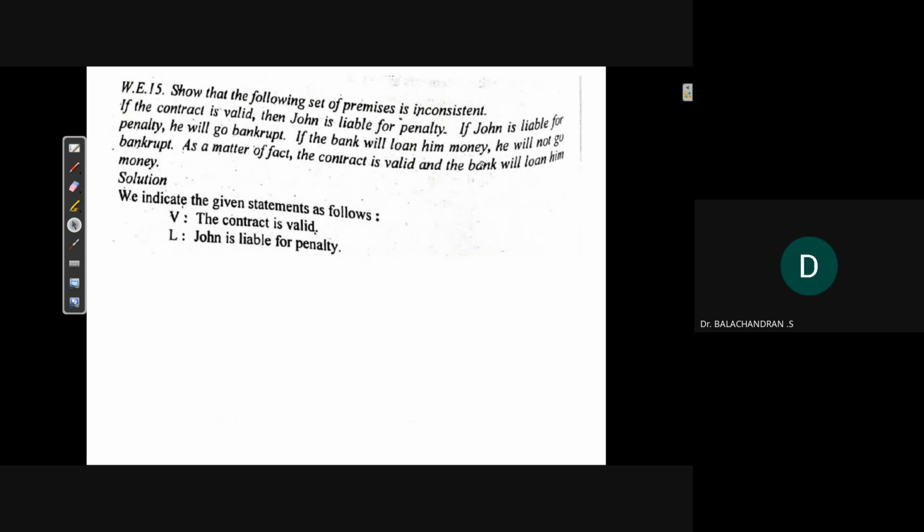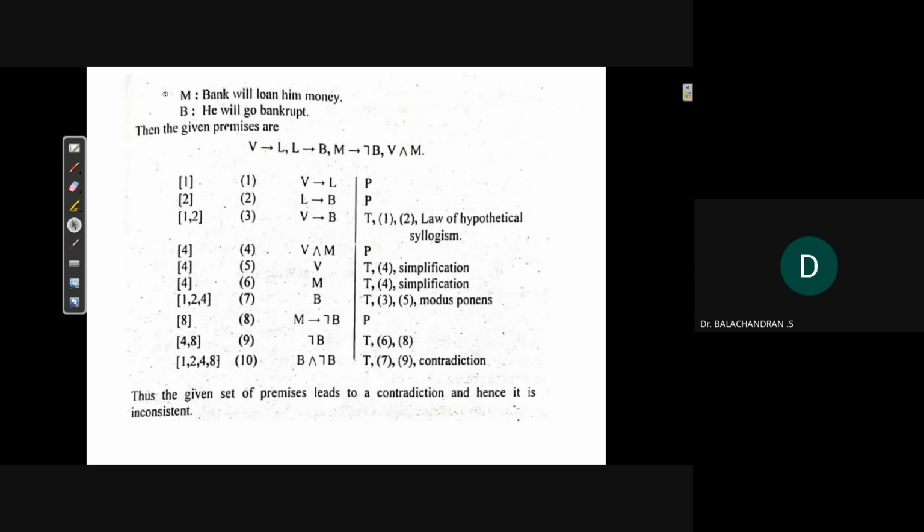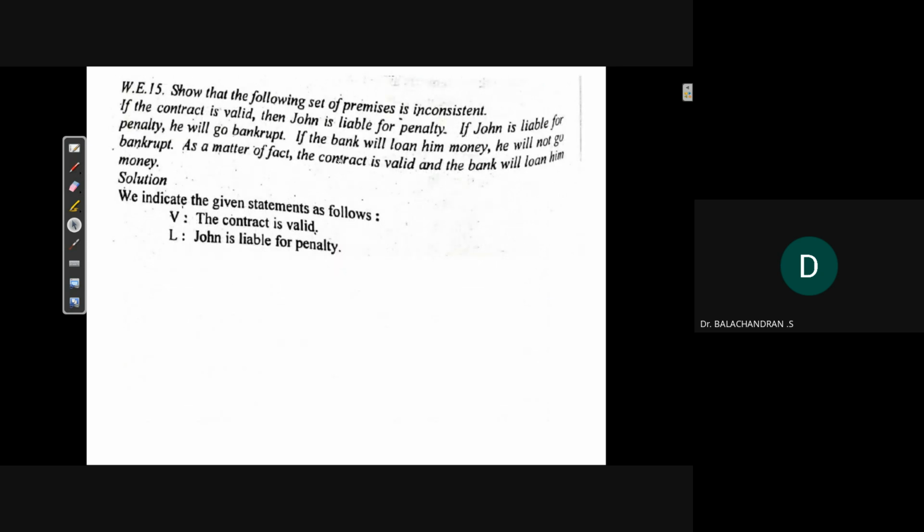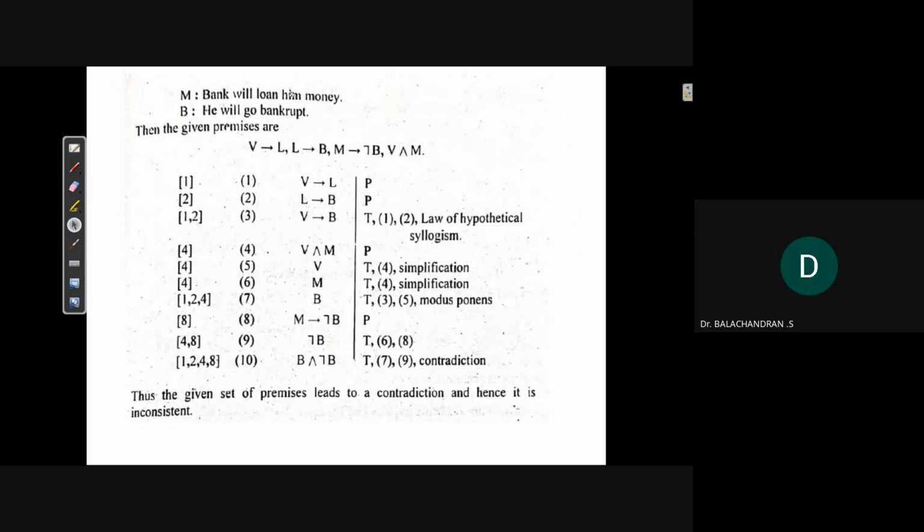If the bank will loan him money, bank will loan him money means M. He will not go bankrupt means M implies negation B. Next, as a matter of fact, the contract is valid, that means V, and the bank will loan him money, M. So V and M.